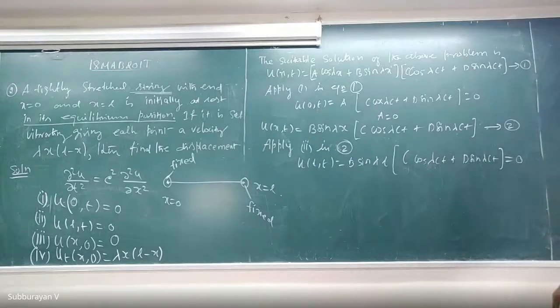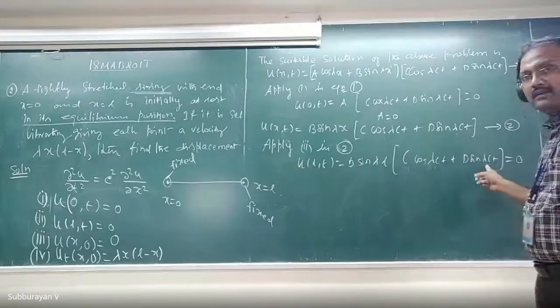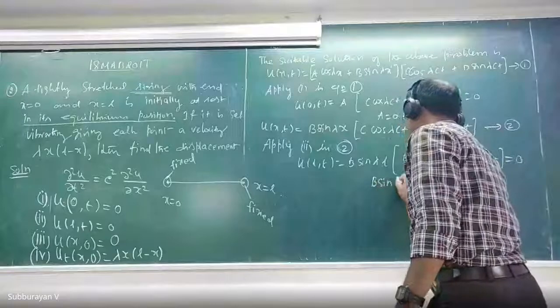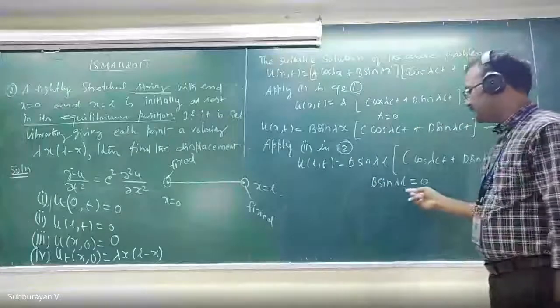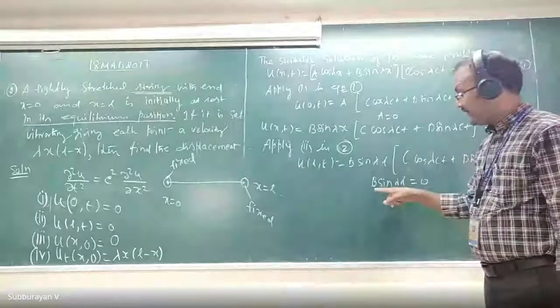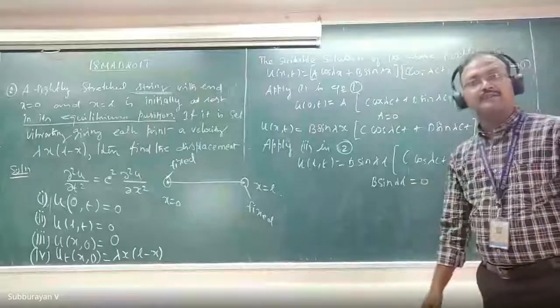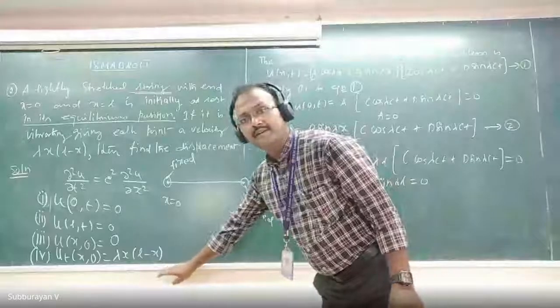But as we have seen, this combination is never 0. Therefore b sin lambda L equal to 0. Then either b equal to 0 or sin lambda L equal to 0. If b equal to 0, then the function is 0 for all x and for all t, but we have a non-zero boundary or initial condition.